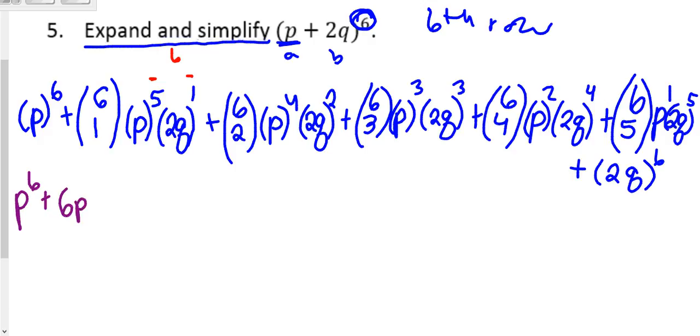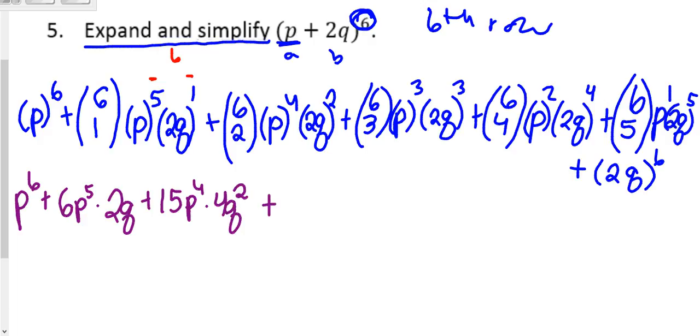We have P to the 5th times, so make sure that you keep things that are multiplication, times 2q, because that's to the 1st, that won't change. Plus 6 choose 2 is 15. Then we have P to the 4th times 2 squared, so now we have 4q squared.